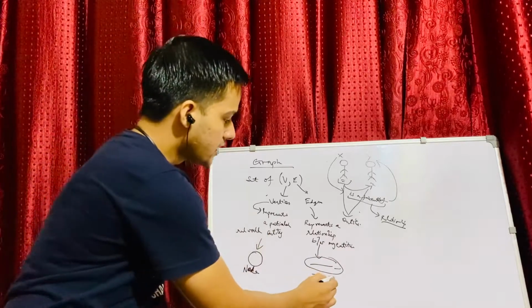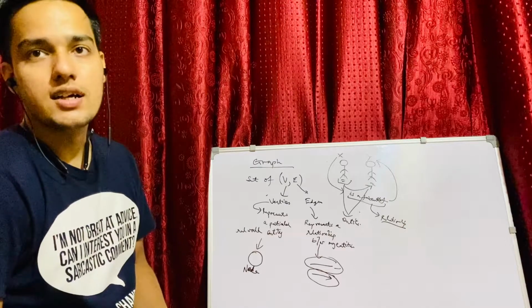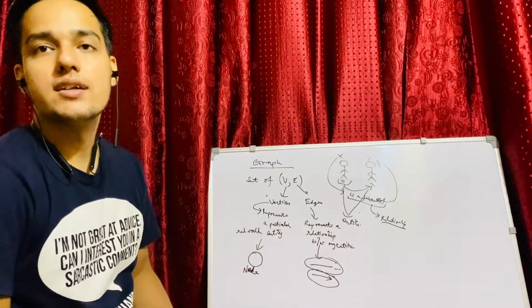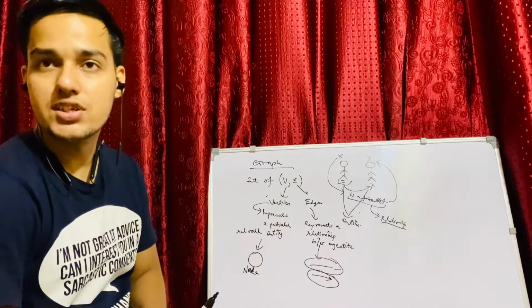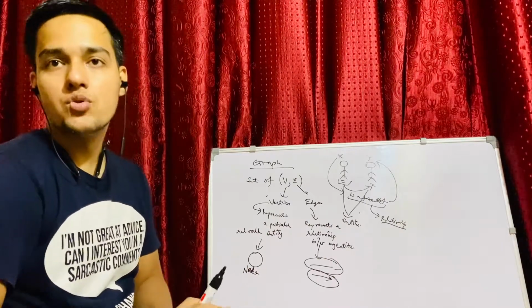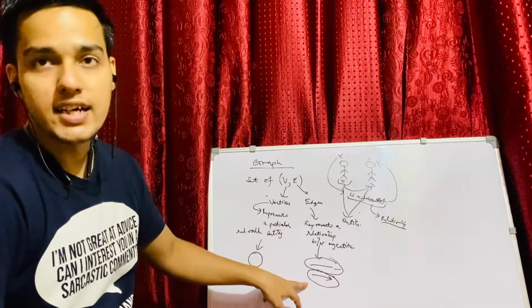In case the relationship has a particular direction, we use a directed edge.